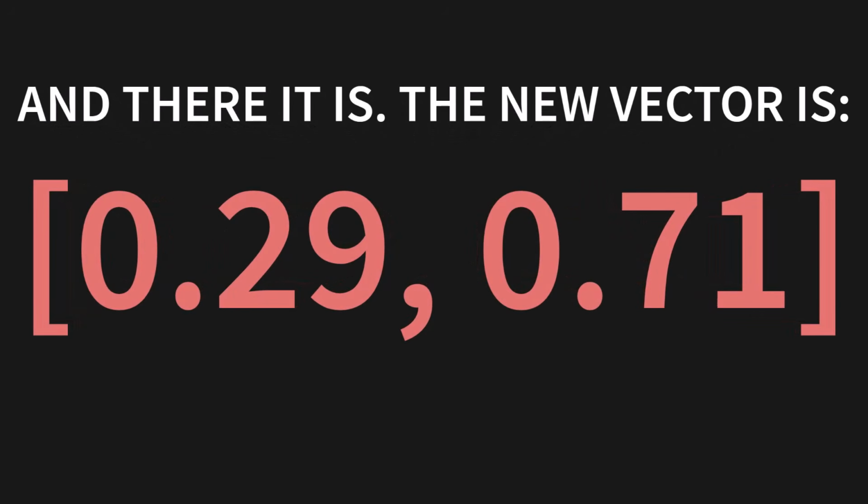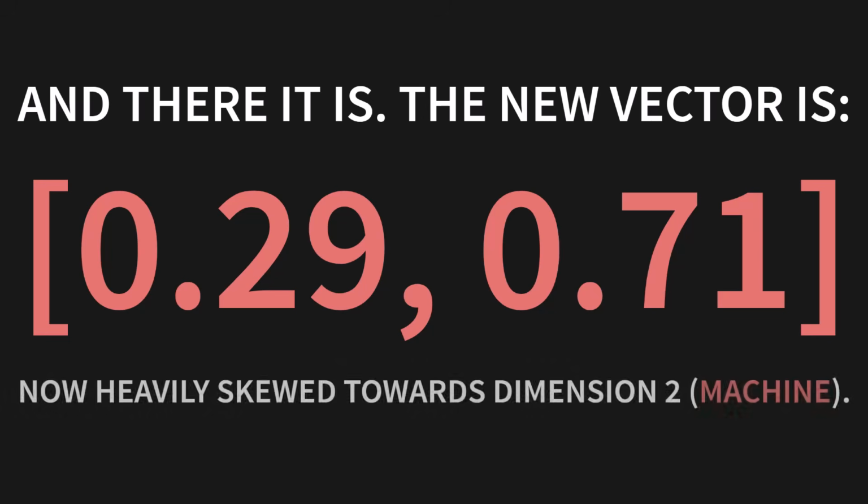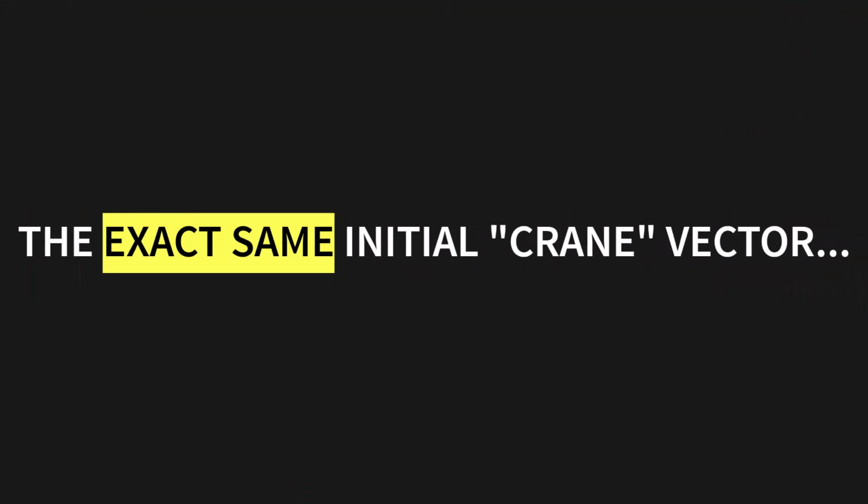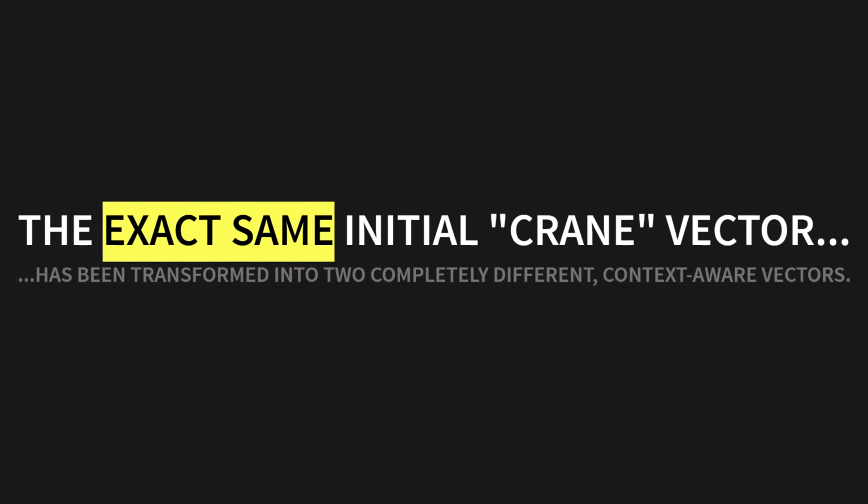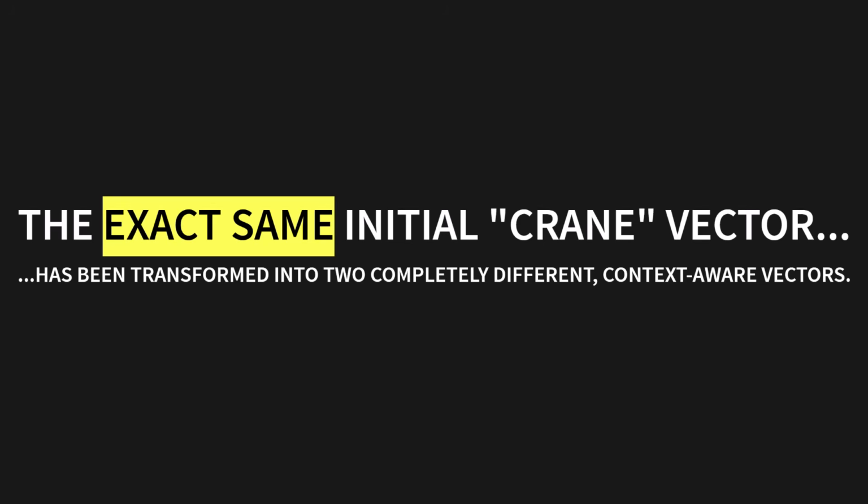And there it is. The new vector is 0.29, 0.71. Now heavily skewed towards dimension 2. Machine. The exact same initial crane vector has been transformed into 2 completely different context-aware vectors.